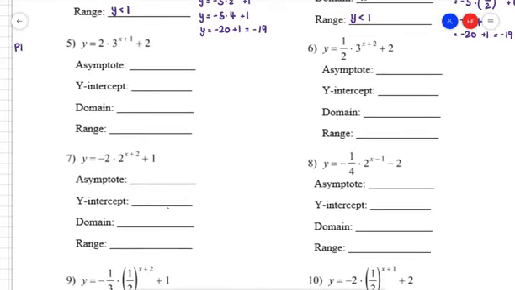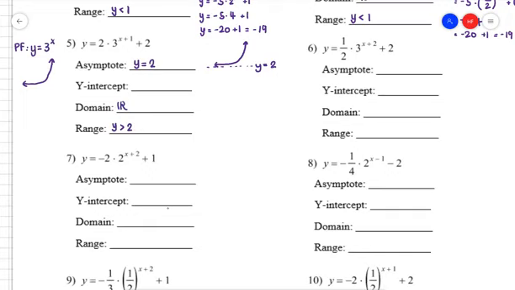Number 5, parent function, is y equals 3 to the x. 3 is a whole number, so this was a growth. Our function does not have a negative in front, so it still is a growth, and it's moved up 2, so this asymptote is y equals 2. And it is facing upwards, so my range is everything greater than 2.